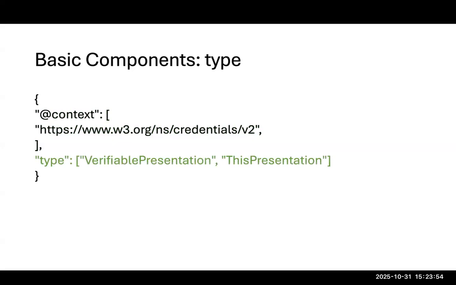Then the type: the first value of this vector is always verifiable presentation. Do you remember? This is also true in verifiable credentials. In type, the first value is always verifiable credential. For a presentation it is always verifiable presentation.